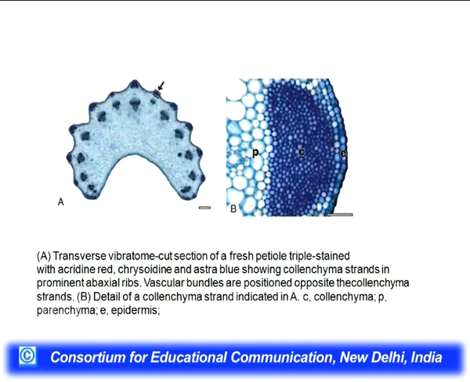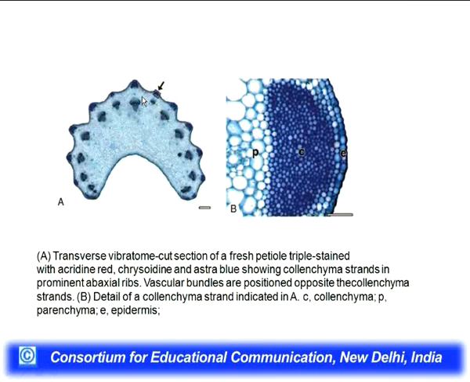This is a cross section of a celery stalk. These are the phloem vascular bundles, and against each vascular bundle you will find an area which is filled with Collenchyma.